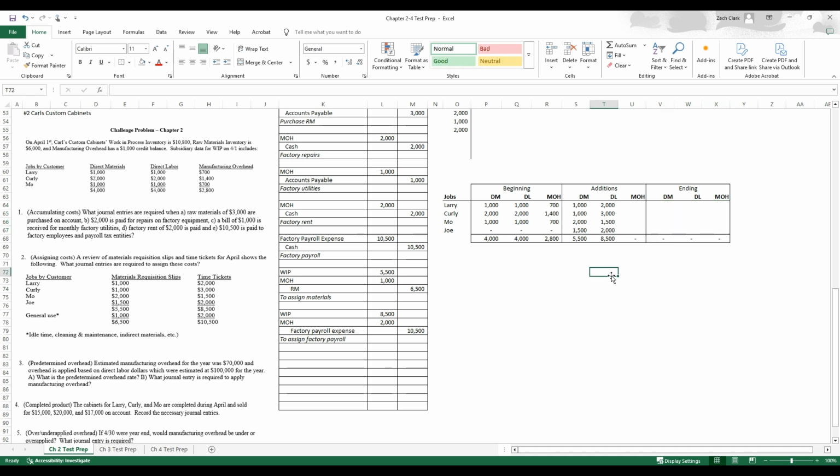Now we need to calculate our predetermined overhead rate. Remember, we do this before the year even begins. We had 70,000 estimated overhead, applied on direct labor dollars estimated at 100,000.